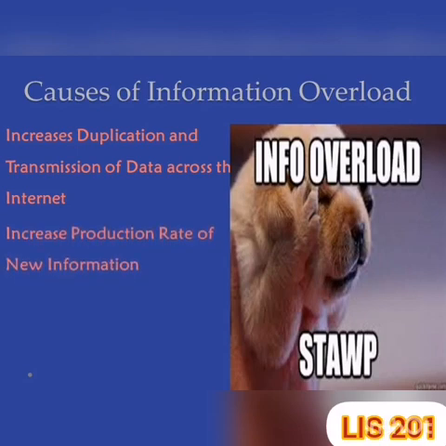But as long as there is an increase in the production rate of new information, there's still going to be information overload. As long as there is an increase in the channels of information. Now, there are so many channels of information today. In those days, it used to be by post.